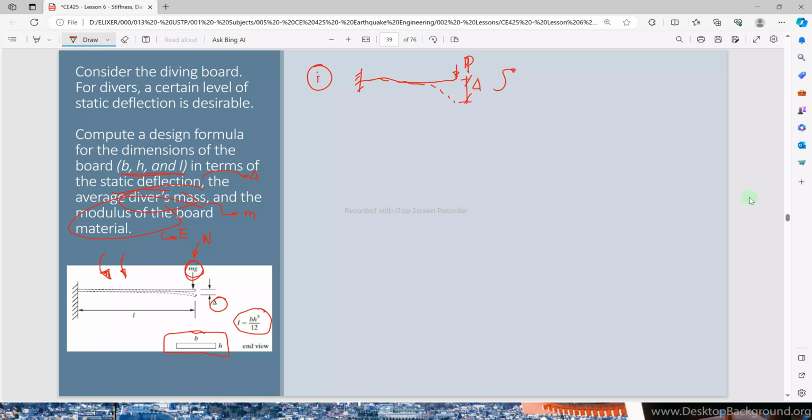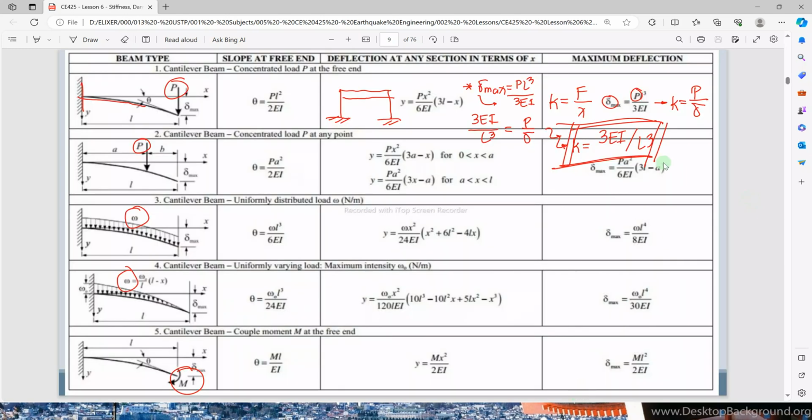And that deflection is equal to, as I showed you on the first page of the introduction, this one, PL cube over 3EI. And eventually, you can solve the stiffness K, which is equal to 3EI over L cube.